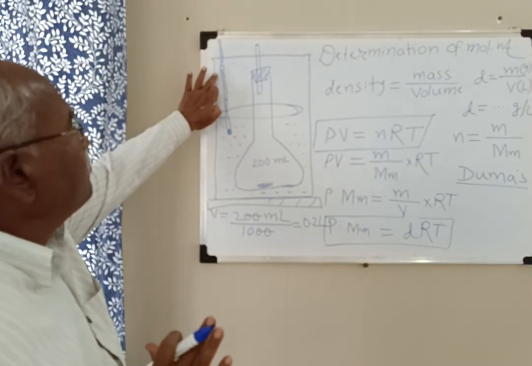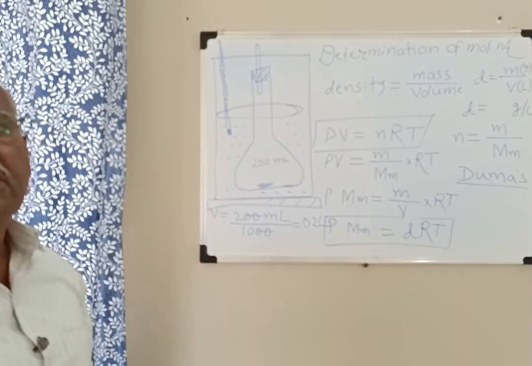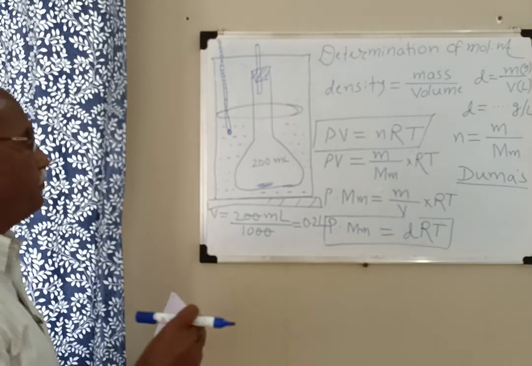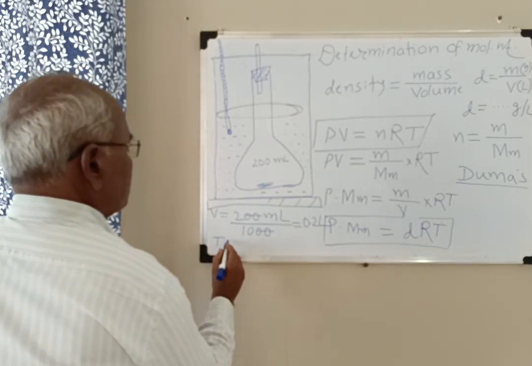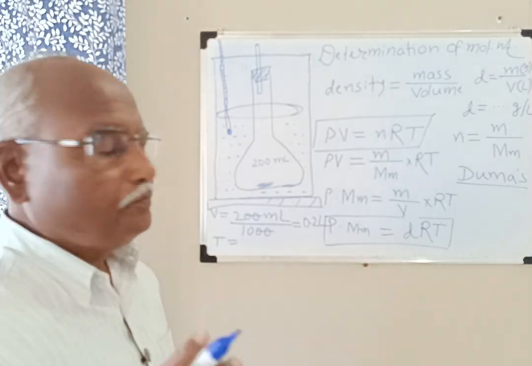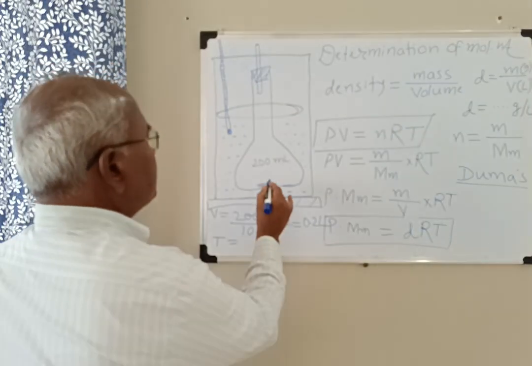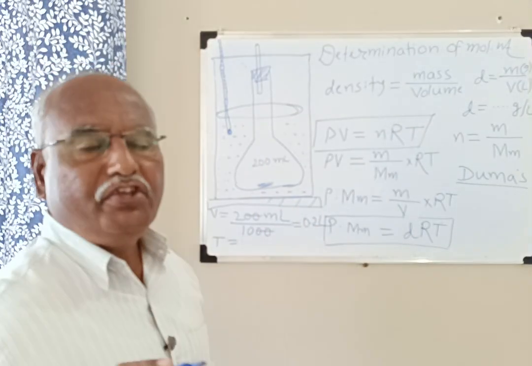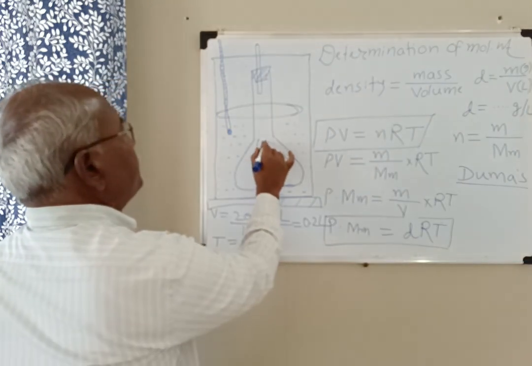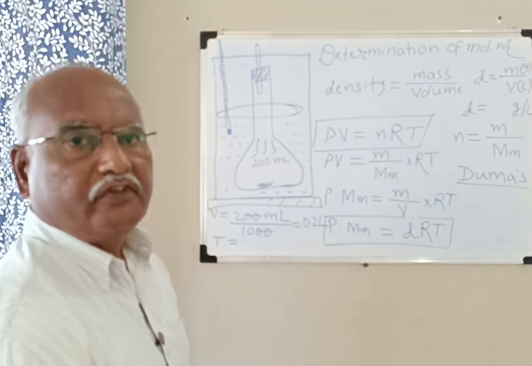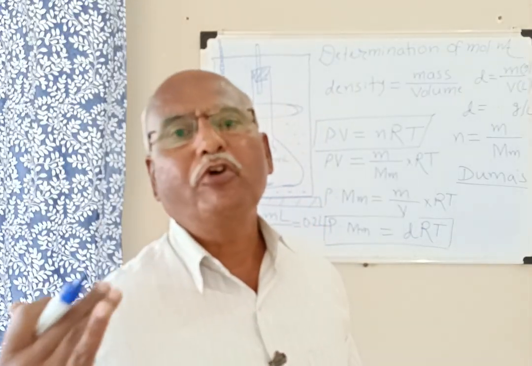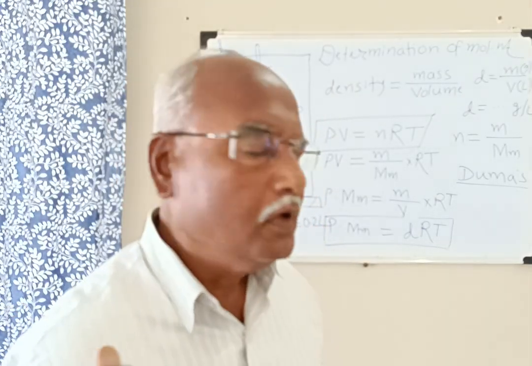Then this is the thermometer to record the temperature. The temperature of water, I explain after some time. You look here, when this flask is heated in water, the volatile liquid is converted into vapor state because its boiling point is less than 100.